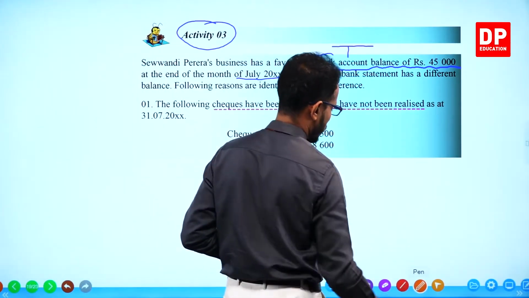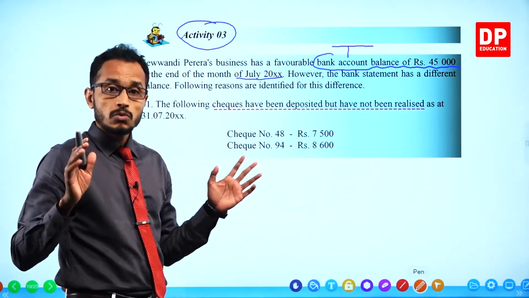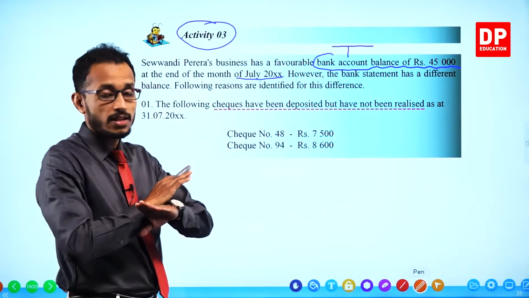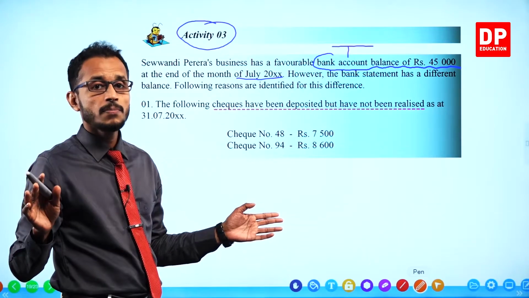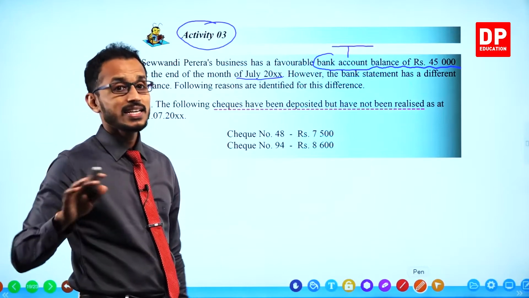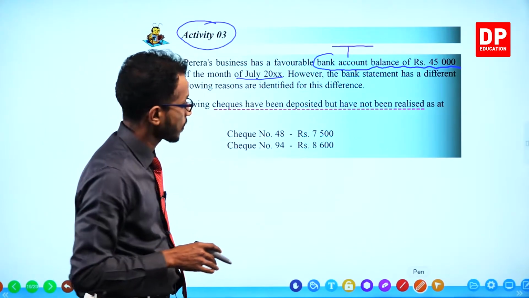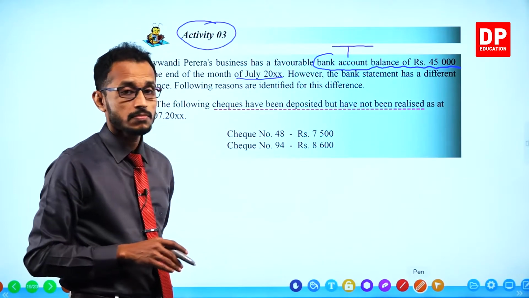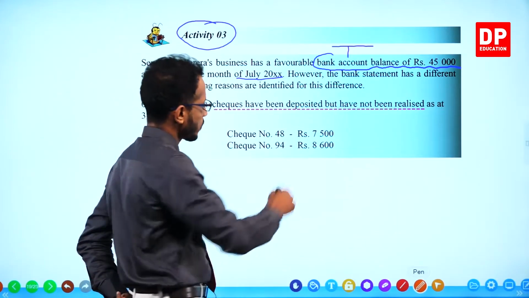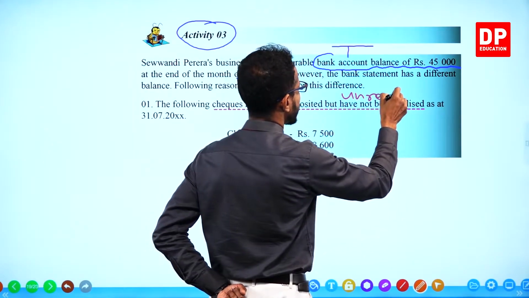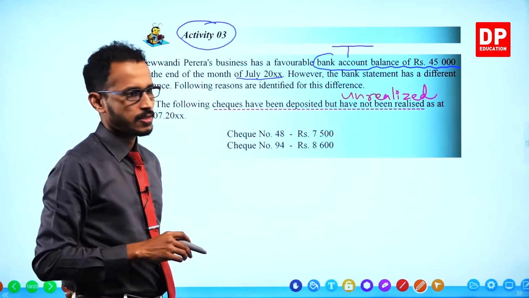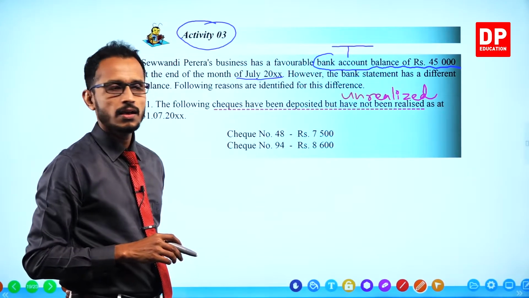All right. We had a long descriptive explanation about unrealized checks in several places, so I'm not going to say what unrealized checks are here. I'm just going to write unrealized checks.